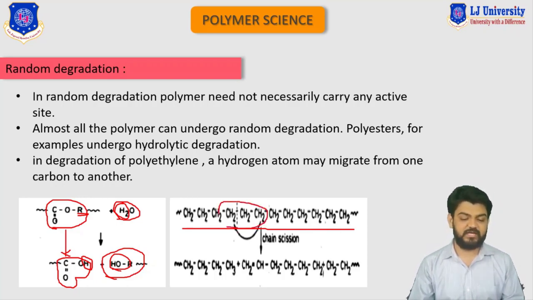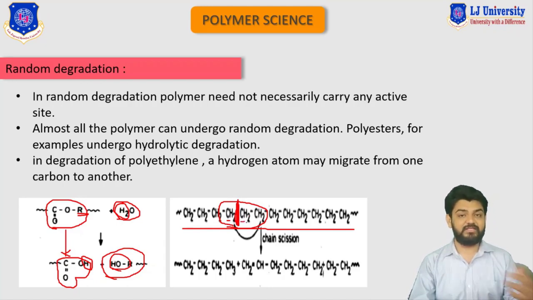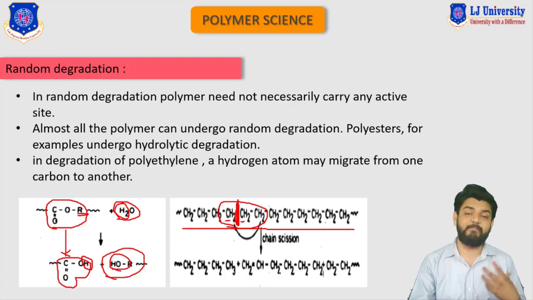Let's suppose random degradation takes place at this specific carbon-carbon bond here, right? What will happen now is these two carbons will migrate toward each other. When this polyethylene undergoes random degradation, these two carbons, here and here, will migrate toward each other and make a double bond.